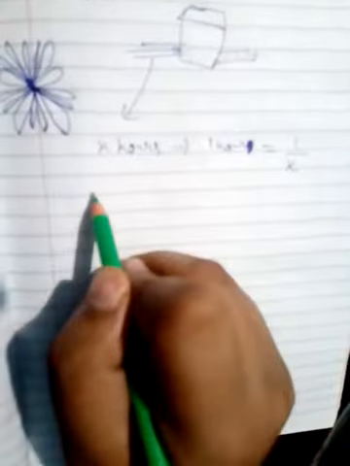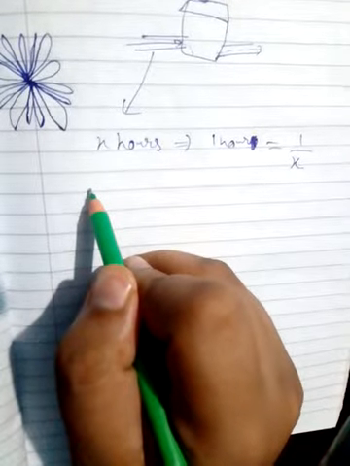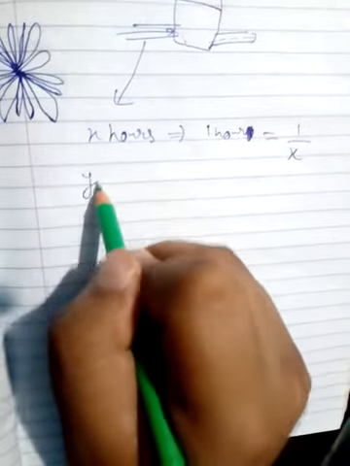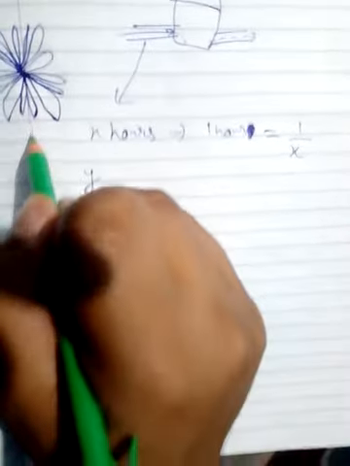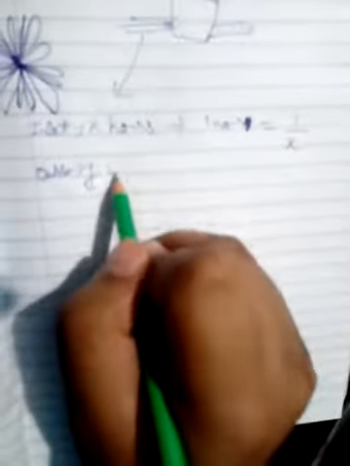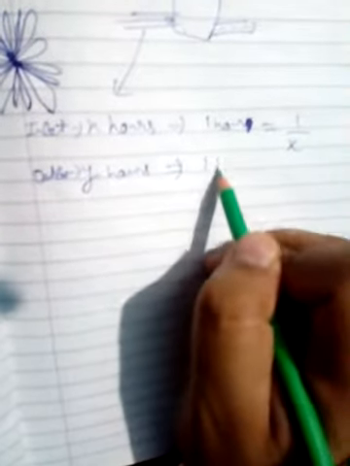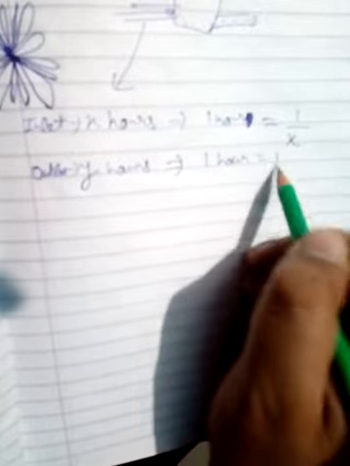That is 1 by X. And suppose a pipe can empty a tank, that is an outlet pipe, in Y hours. So in 1 hour it can empty 1 by Y of the tank.